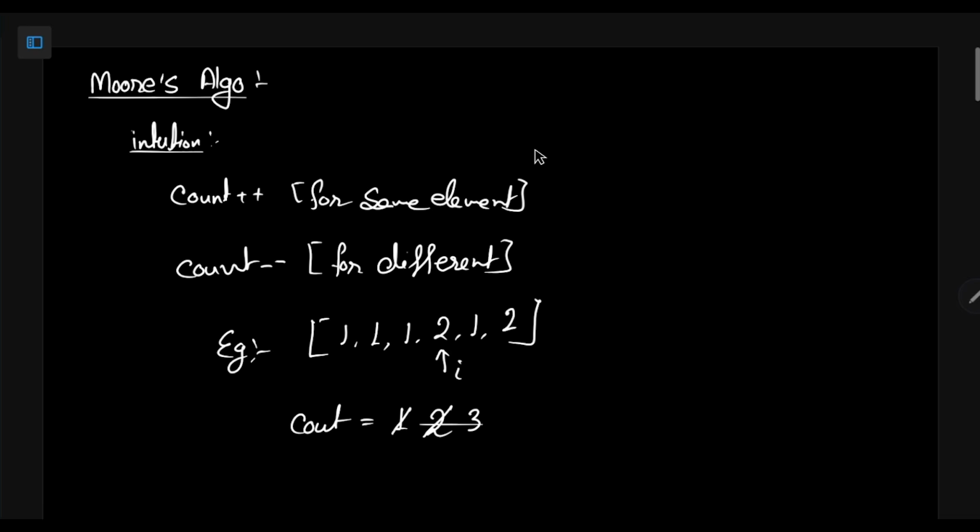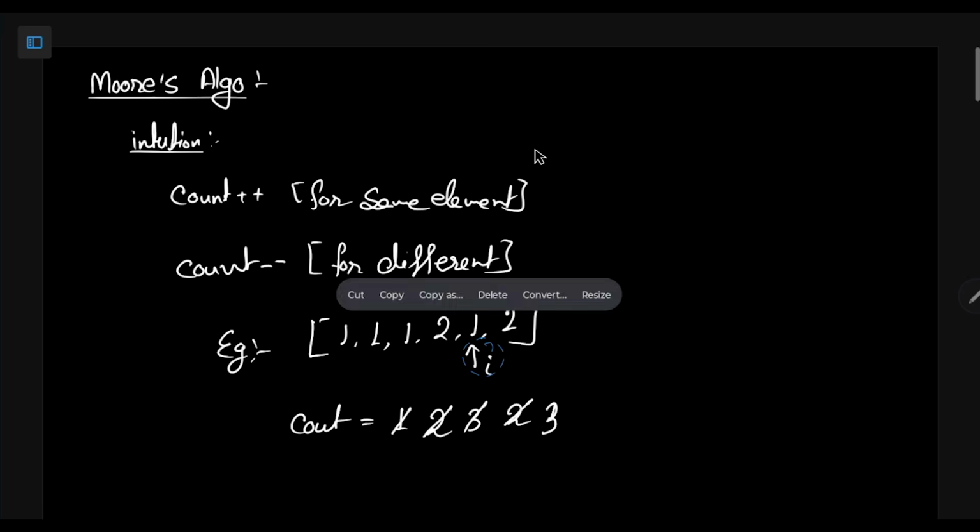so this will be 2 because of minus 1, and when this will be here, our count will be increased by 1, so it will be again 3, and when I increase i by 1, then this 3 will be 2.